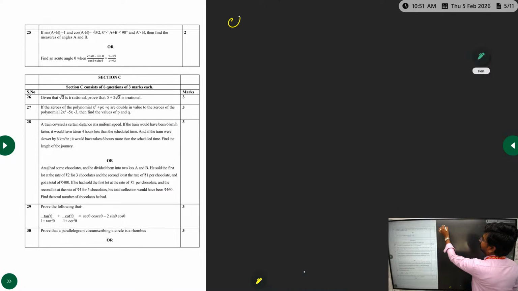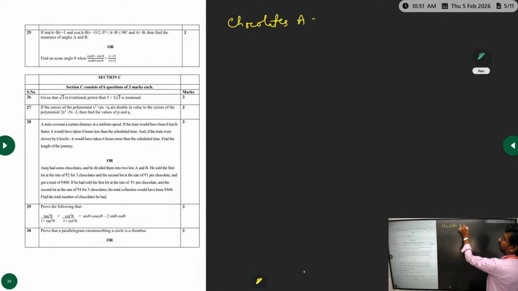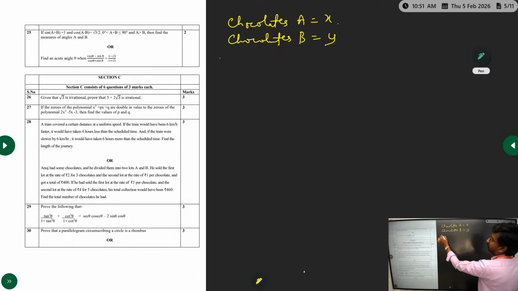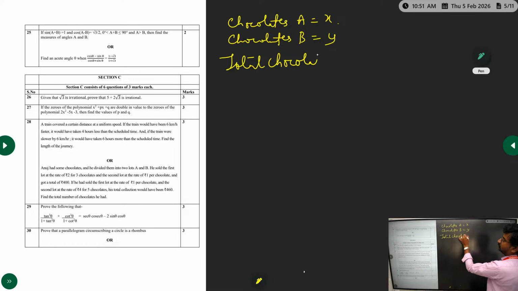Let chocolates of A be x and chocolates of B be y. Then how many total chocolates will there be? Total chocolates will be x plus y. This is what I have to find now.